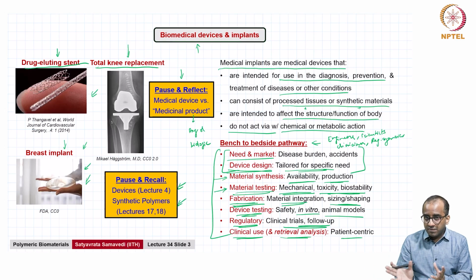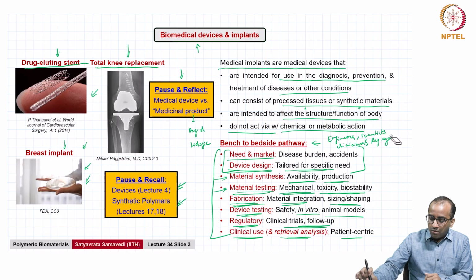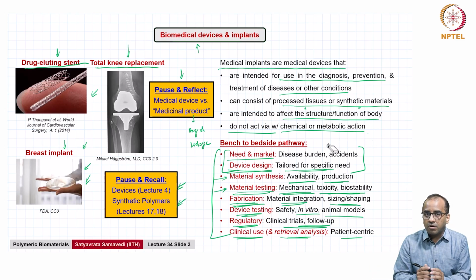So, this is a very short list, because within engineers you can have multiple subtypes, within scientists you can have multiple subtypes. Again, clinicians have different specializations. So, you see that this bench to bedside pathway needs inputs from many different types of people working together to finally develop a medical device that can be implanted in patients. Now, keep this in mind as we go through the rest of this lecture, because this pathway is quite complex.